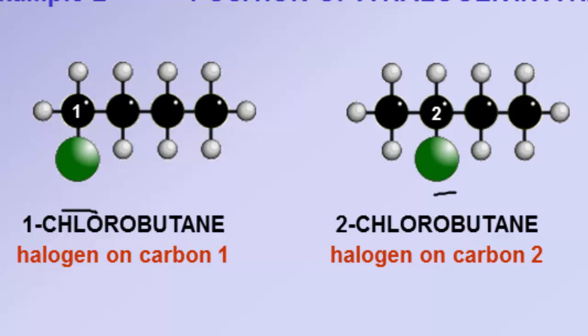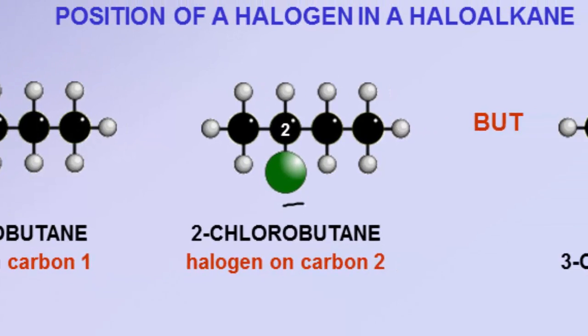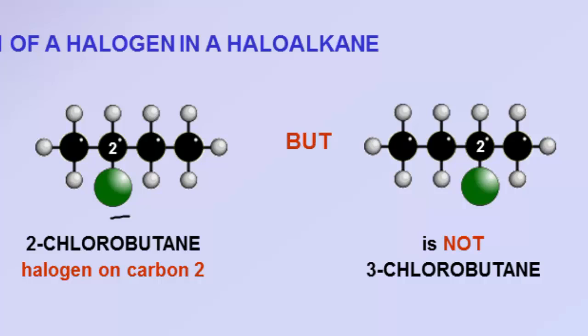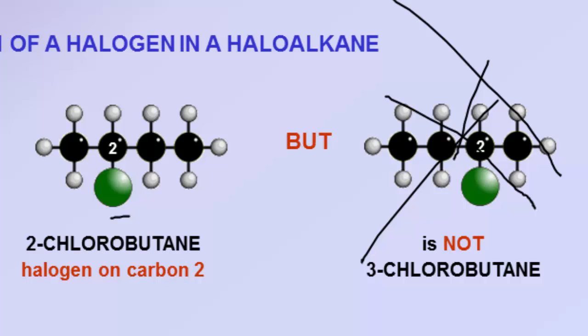That would be an example of positional isomerism. Now, we can't really say we put it on number 3 because number 3 is actually number 2. This would not be an isomer because it is really the same thing as what we had here. So we're not going to count that one. Basically, moving the chlorine along the chain makes a new isomer. Position is measured from the end nearest the functional group.